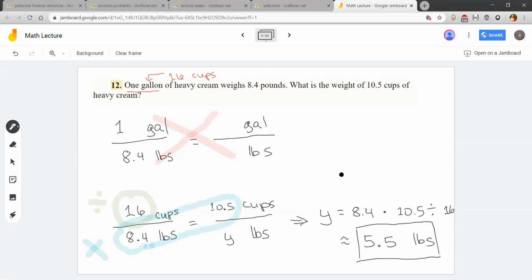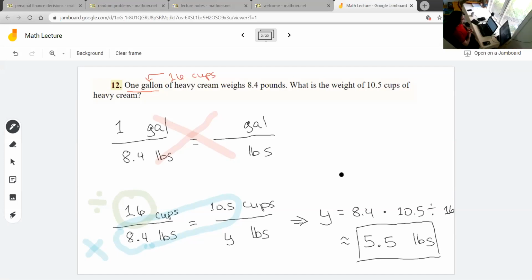Questions on that one? All set? I was thinking that we had one more step, but we wanted the weight, not the cups.